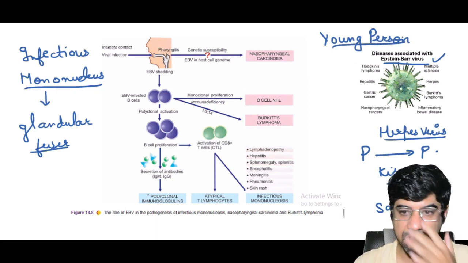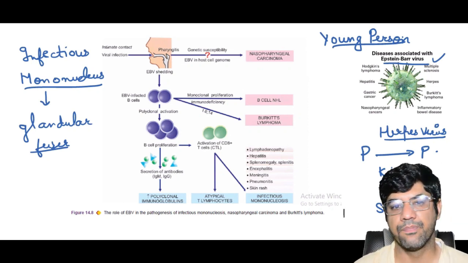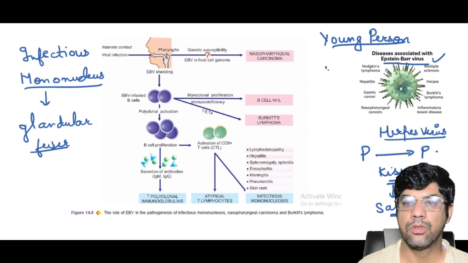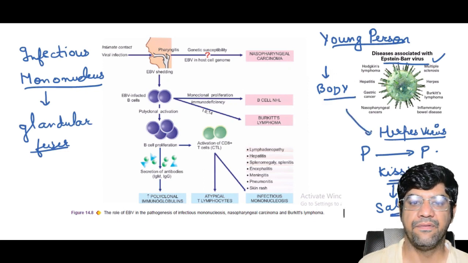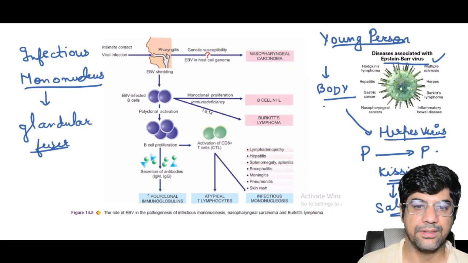Now let us discuss the pathogenesis of infectious mononucleosis. In people without antibodies, the Epstein-Barr virus will enter the body through the contaminated saliva. The virus infects the epithelial cells of salivary glands.